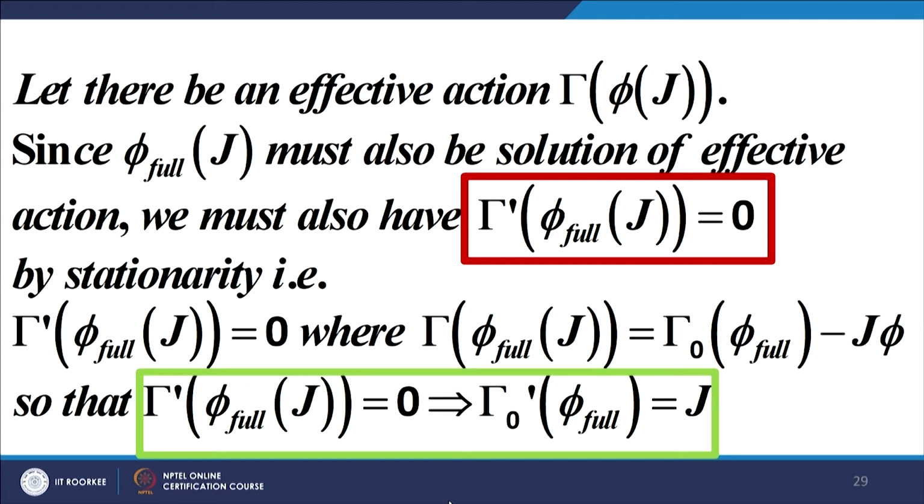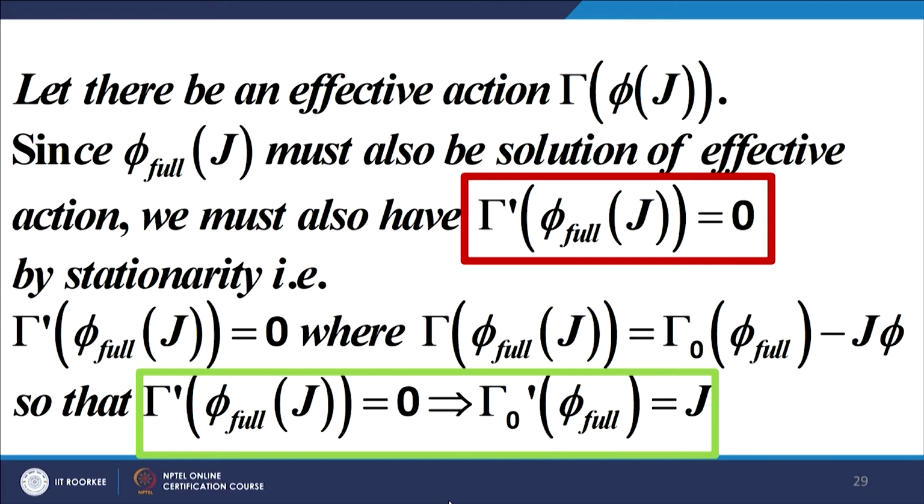Let us assume, because phi full of j has to be a solution of gamma phi of j, we again have by stationarity requirement that gamma dash of phi full of j is equal to 0, which gives us the expression given in the green box.